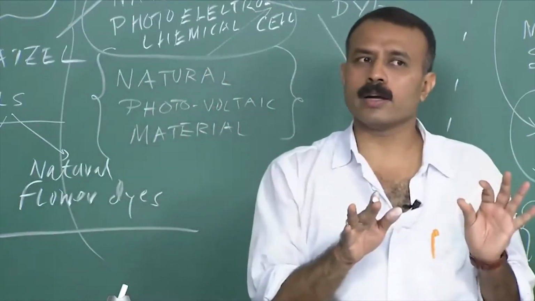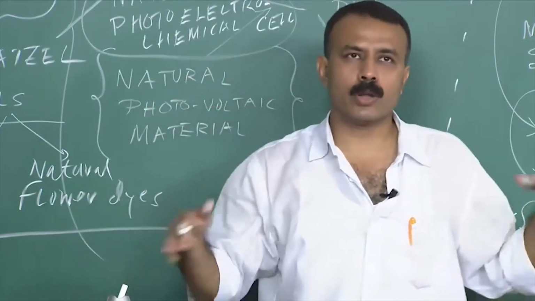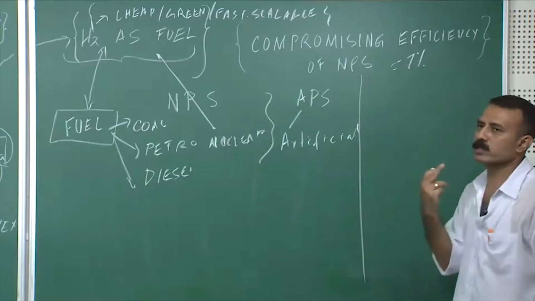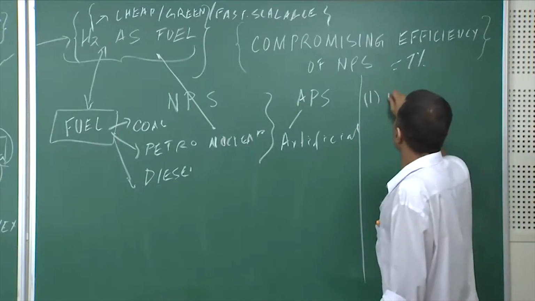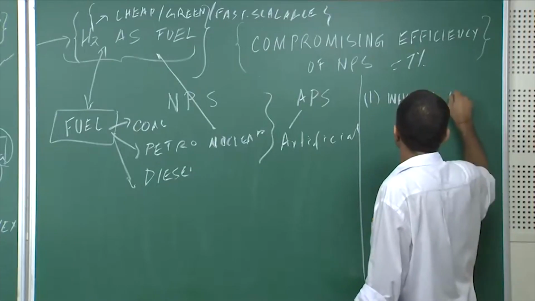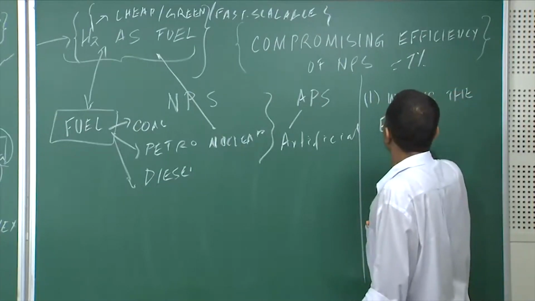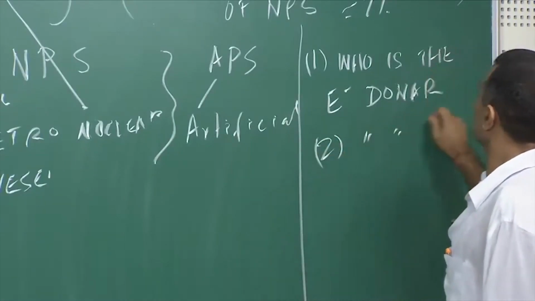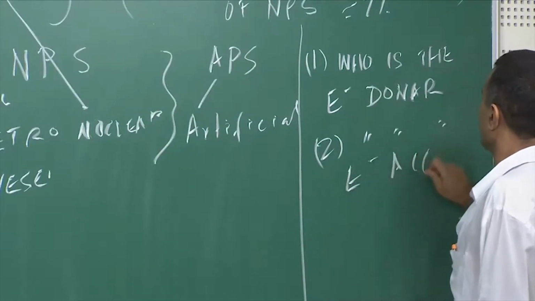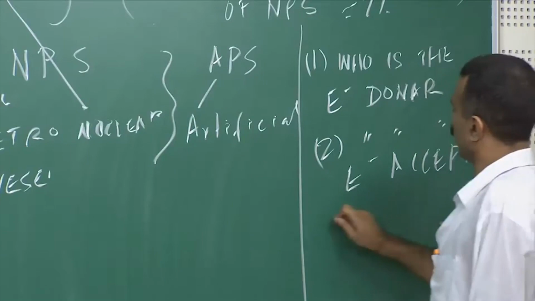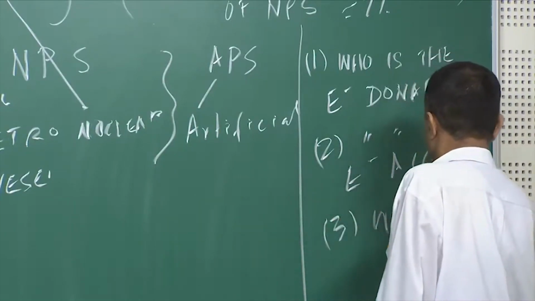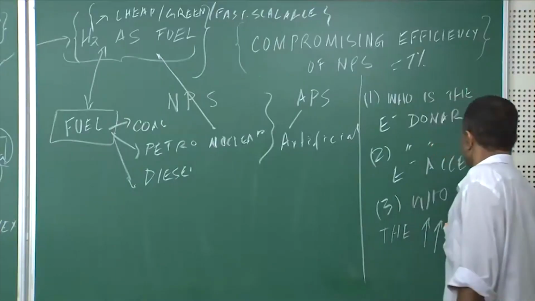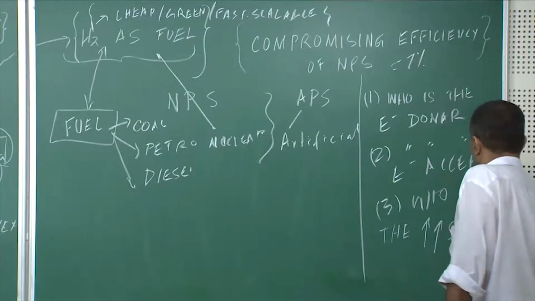And nature has already done it. Nature is already doing electron donation, and if you remember, in the last lecture I told you that if I have to put three words for the whole evolution, they are: who is the electron donor, who is the electron acceptor, and third one, who is the abundant, very abundant source of electrons.